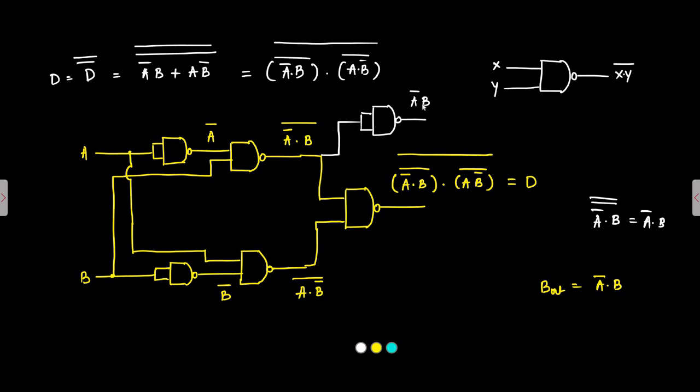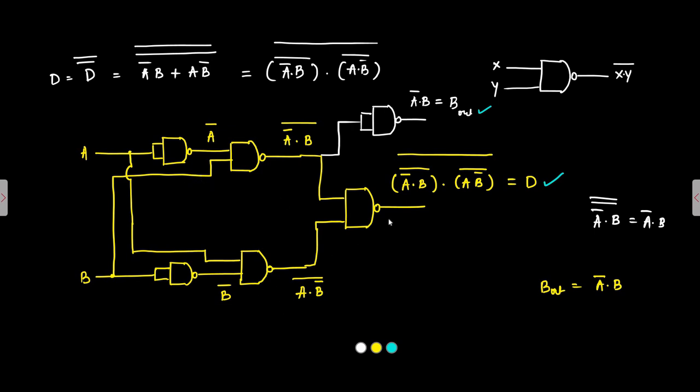So we'll have A bar B. This is the borrow output. Okay, so here we have the difference and the borrow, all implemented using NAND universal gates.